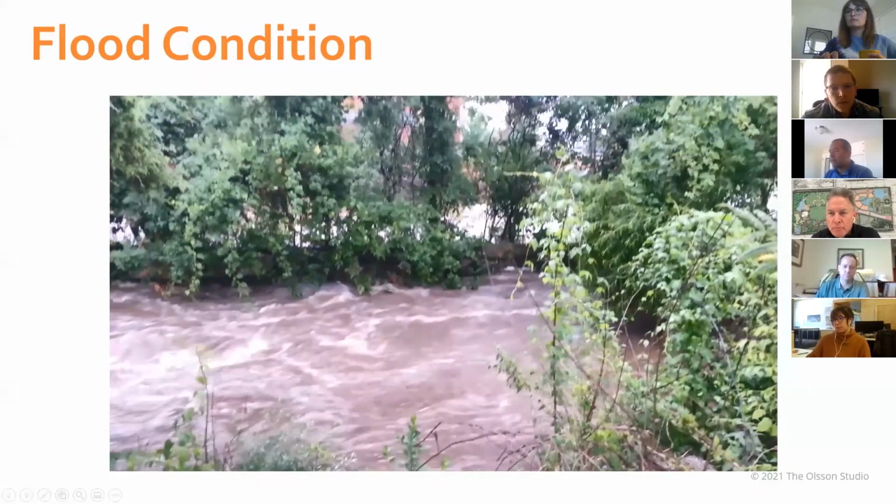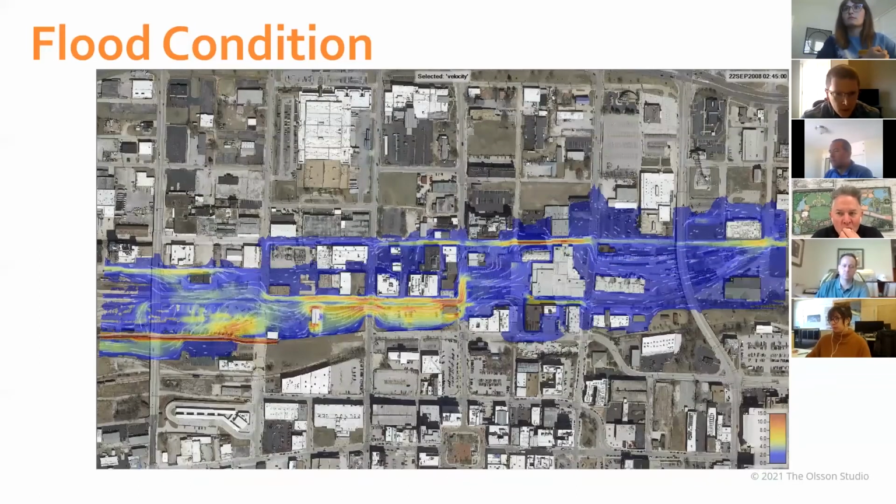But when we open up the channel in our site, in the worst flood conditions, we're able to mitigate it a little bit, but we will have these high velocity conditions. So next slide, please. In our 2D modeling that we've done on the existing condition, we've evaluated what those velocities look like.